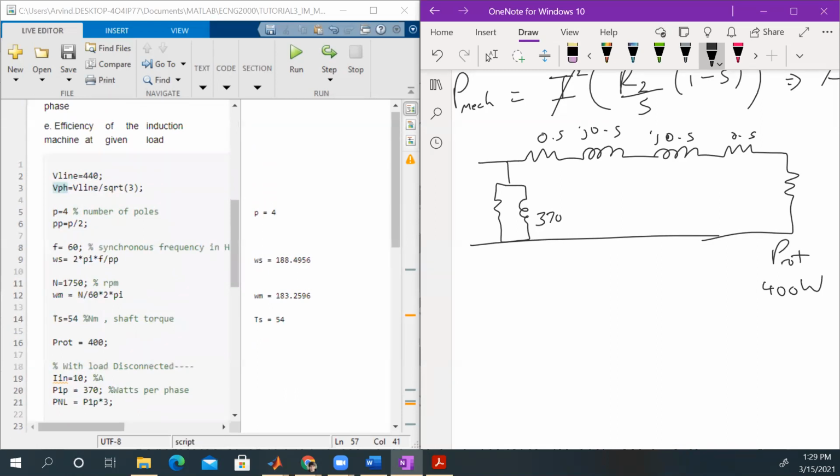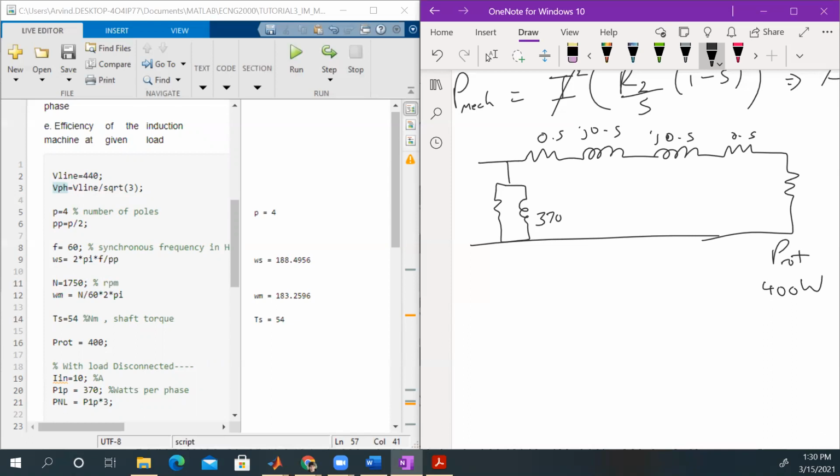We see in the question that it isn't stipulated whether it is line voltage or phase voltage. And when that is the case, it is a line voltage, which is the standard, right? So 440 volt star connected means 440 volt line to line voltage. Since you're working on a per phase diagram, we of course have to convert that to the phase equivalent, which means we divide it by the square root of 3.